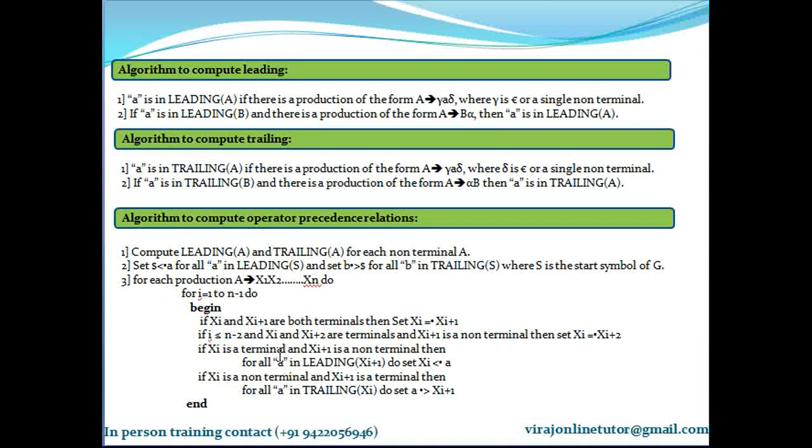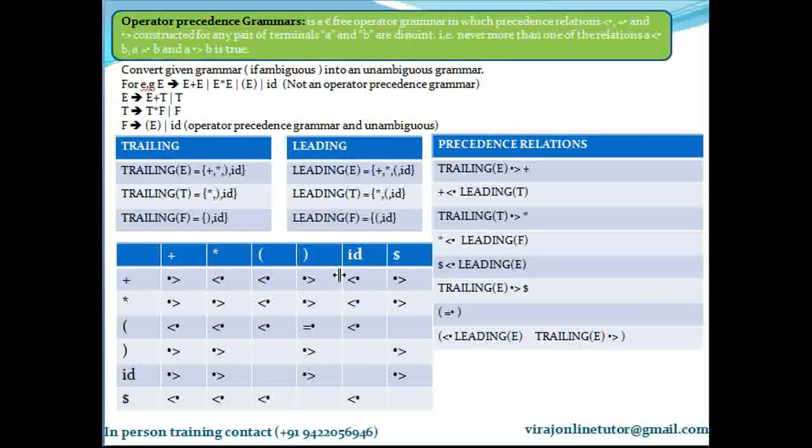And the second rule says, if Xi and Xi plus 2 are terminals, and there is a separating non-terminal between them, then make Xi is equal to Xi plus 2, which is exactly what I taught you all here. Open bracket is equal to close bracket. Why did I say that? Because there is a single non-terminal separating these two terminals.